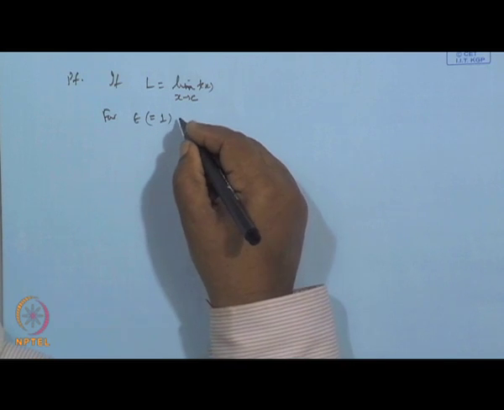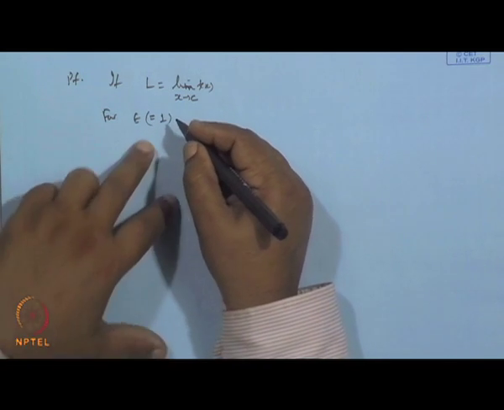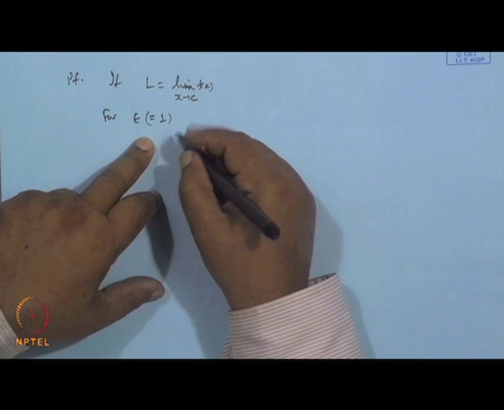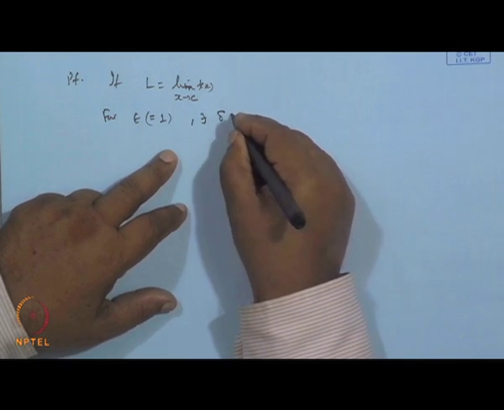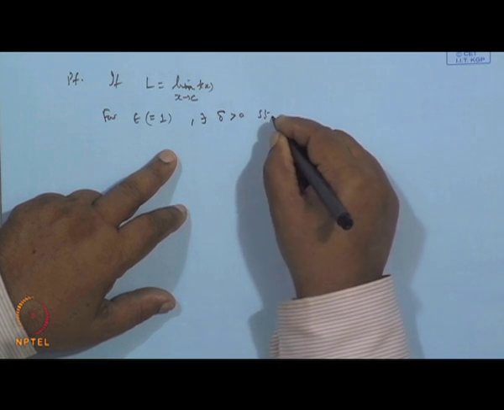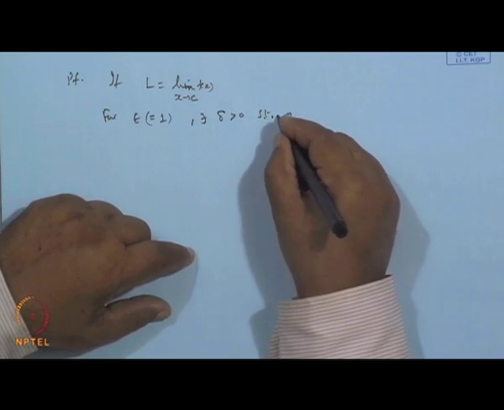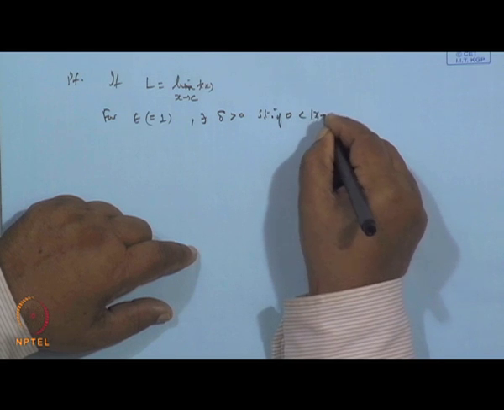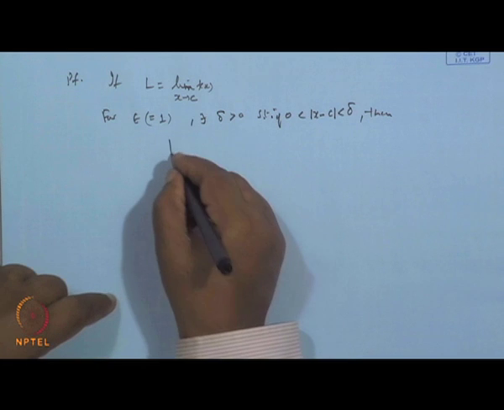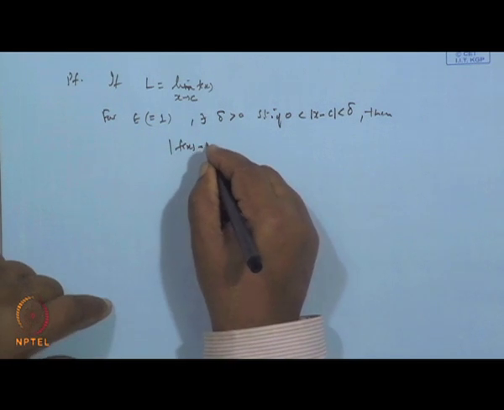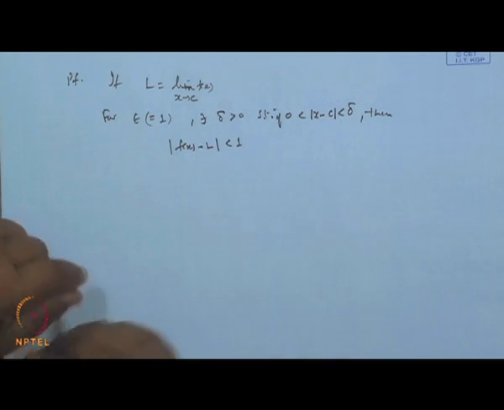For a given epsilon greater than 0, there exists a delta, which will depend on epsilon, positive, such that if 0 is less than |x minus c| less than delta, then by definition |f(x) minus L| is less than 1.